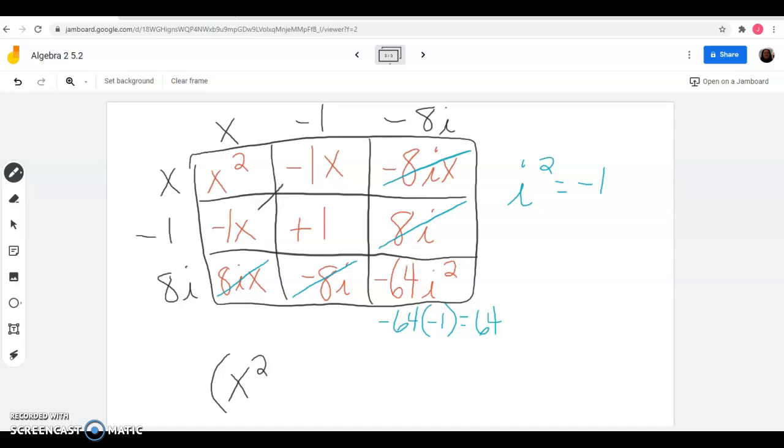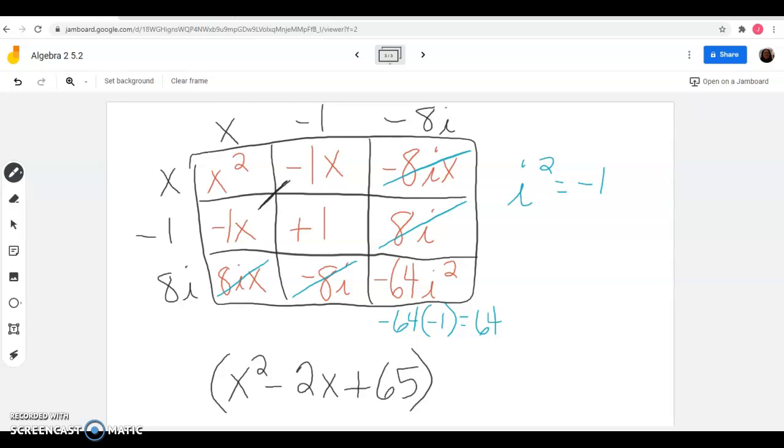I have two -1x's, so it's going to be -2x. And then I have 1 plus 64, so it's going to be plus 65. All right, so that's my first parenthesis. A lot of work to get there, but it gets you to a nice parenthesis.